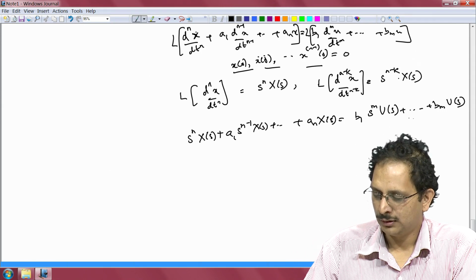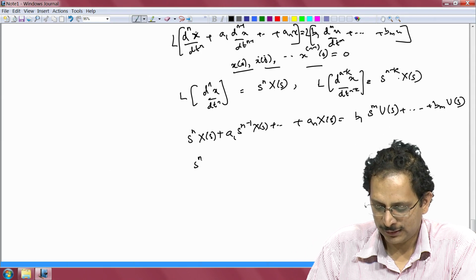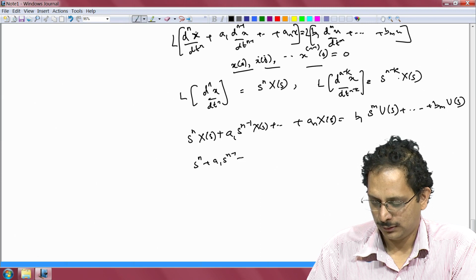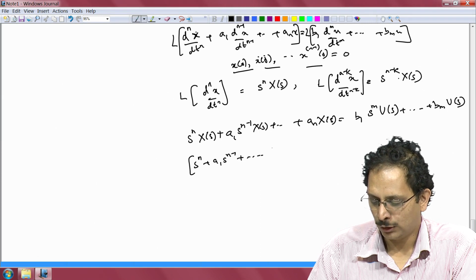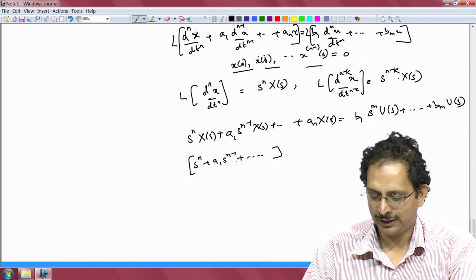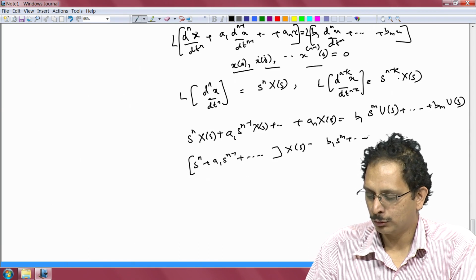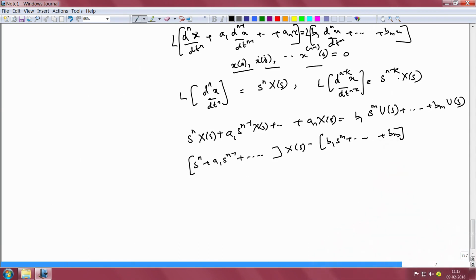So if I were to simplify this expression, I can take out x of s from the left hand side and write this out as a polynomial in s. So s power n plus a1 s power n minus 1 and so on, times x of s, will be equal to b1 s power m plus and so on and so forth up to bm, times u of s. So what we would get is therefore that x of s by u of s is equal to b1 s power m and so on and so forth up to bm, divided by s power n plus a1 s power n minus 1 and so on and so forth up to an.